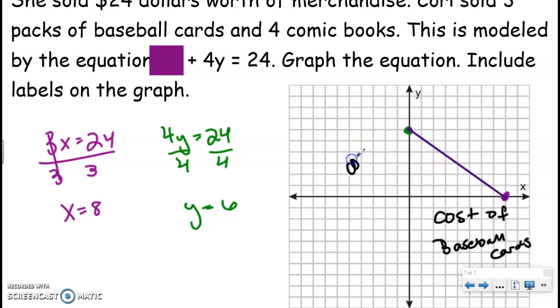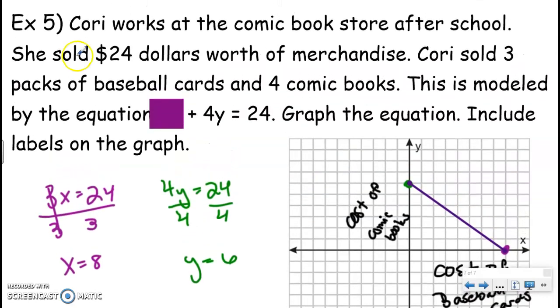And this would be the cost of comic books. And now that I work through the problem, that doesn't really work and make much sense that way, but we're going to leave it like that.